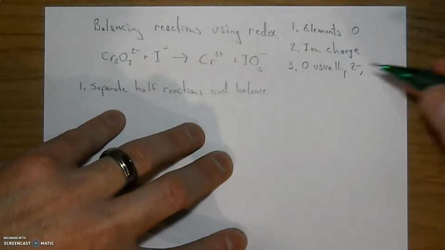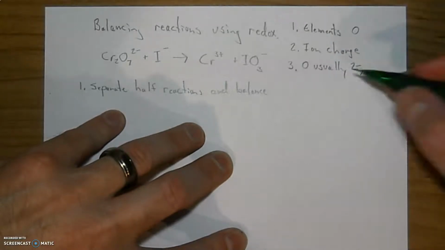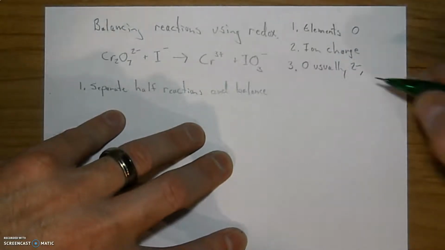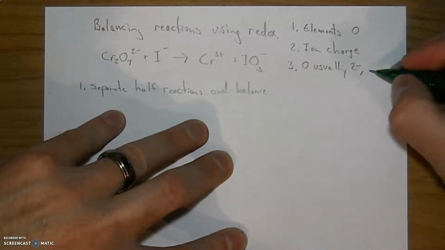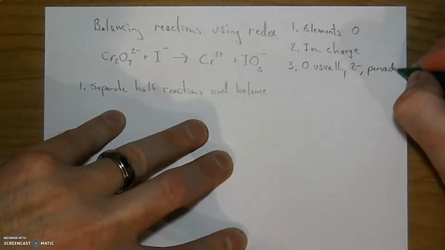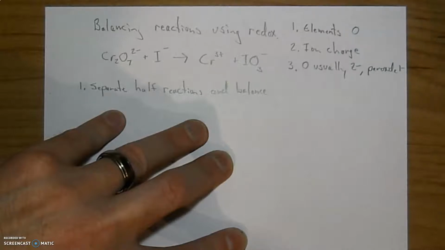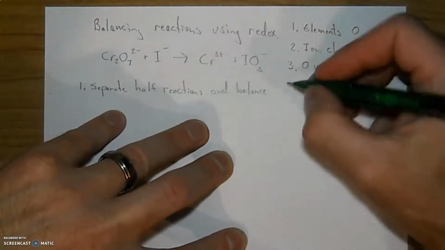So oxygen, as the element in a compound, is usually 2-, and that's how it affects everything else. Now, if it happens to be a peroxide, then it's going to be 1-. So for example, hydrogen peroxide, H2O2, oxygen is going to be 1-. Next one, 4.